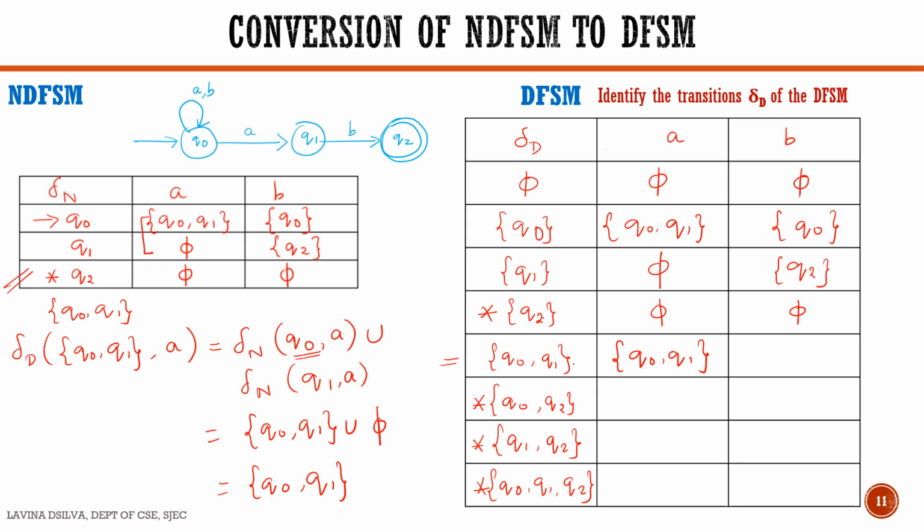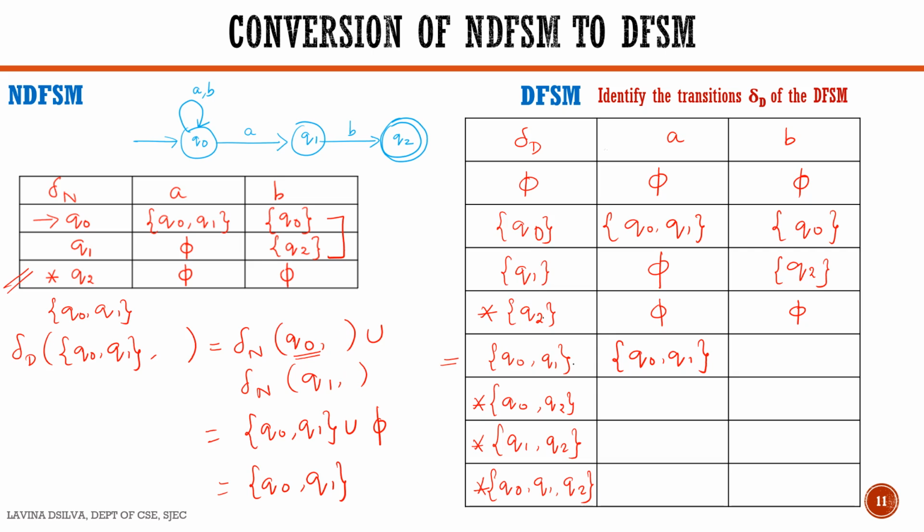Now considering input B, it goes to these two states. It will be the union of these two states.